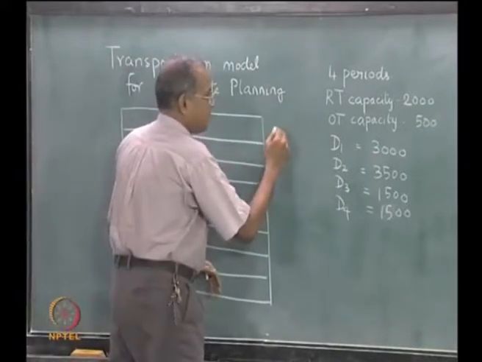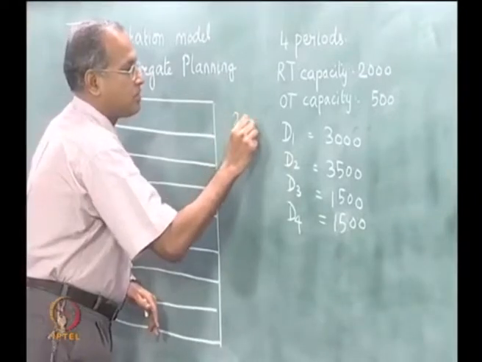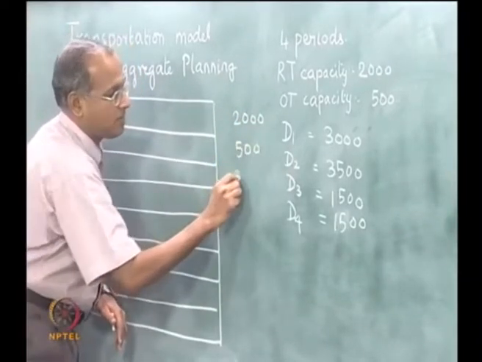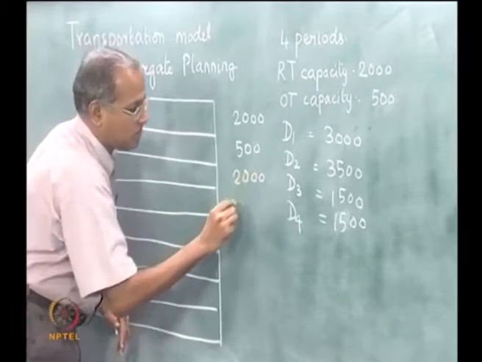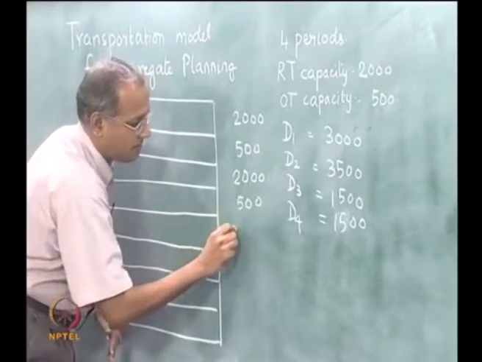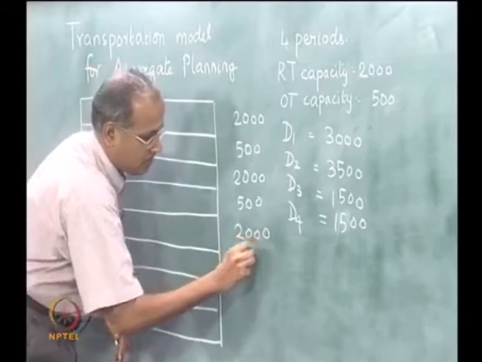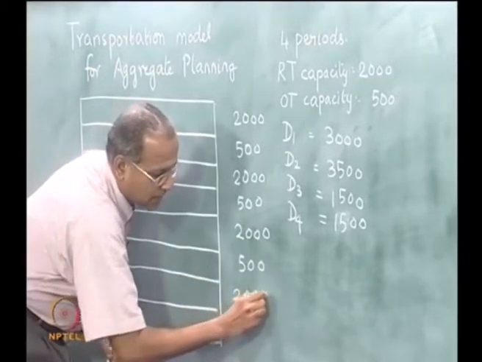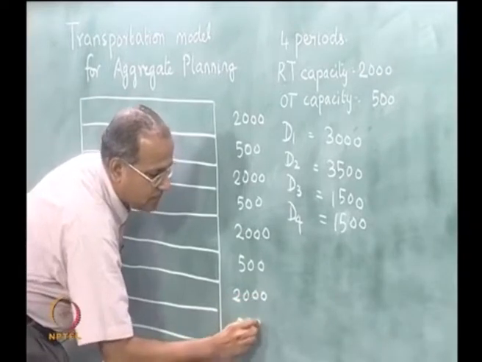So we will say that for the first period 2000 comes from RT, 500 comes from overtime capacity, again 2000, 500, again 2000, 500, again 2000 and 500.